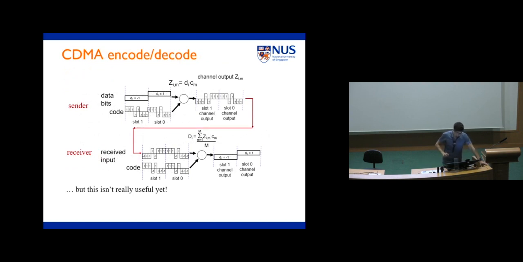So in this example here, we have a sender and the receiver. And the sender wants to send the bits 0, 1. Just 2 bits symbol. Well, these are the data bits here, D1 and D0.